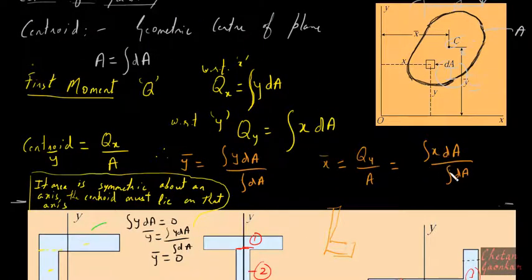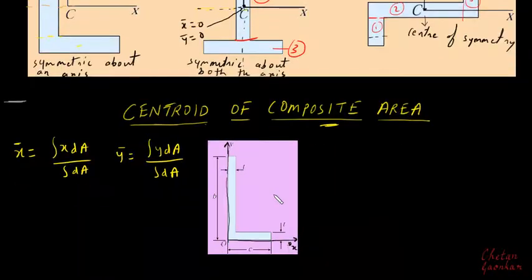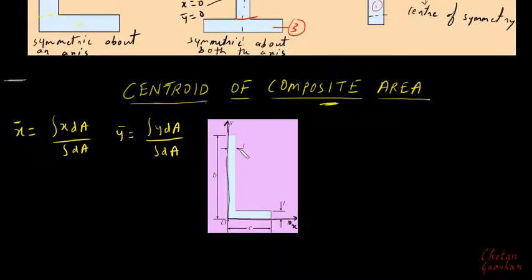But for this kind of composite area, if I just divide this here, and call this the first area and this the second area, then I can divide this composite area into discrete areas, wherein I can directly apply the formula of area to calculate the area of this first plane, and the area of this second plane.